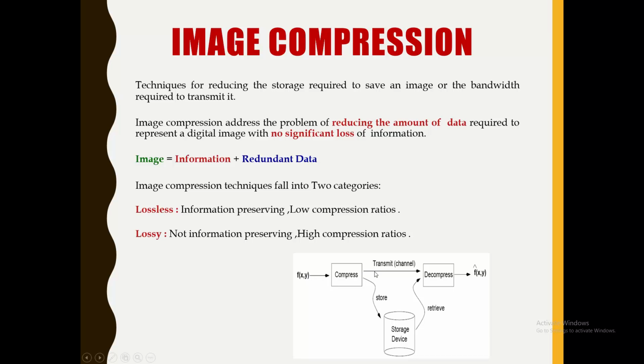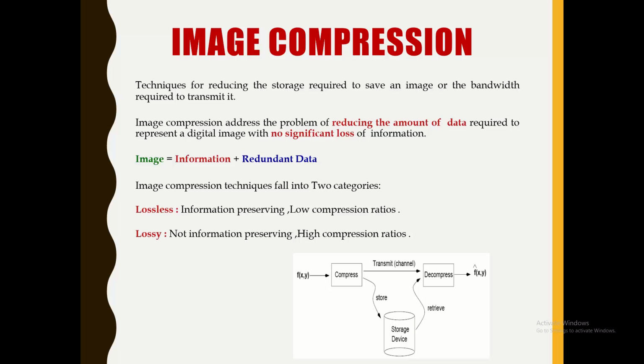If we compress the image, that will also save storage capacity. And if you want to directly transmit it through some channel, that will also reduce the bandwidth requirement. So image compression addresses the problem of reducing the amount of data required to represent a digital image with no significant loss of information.